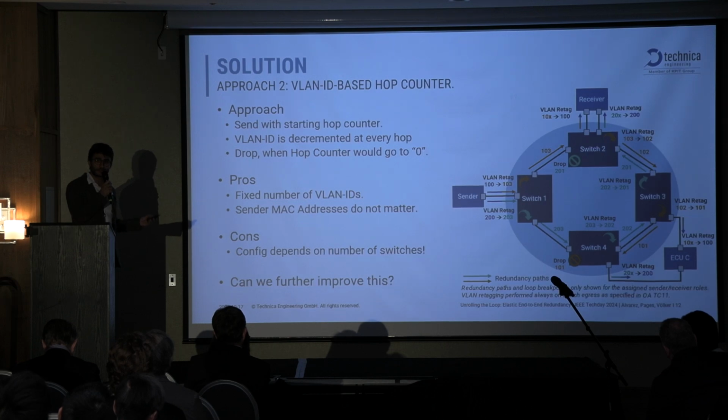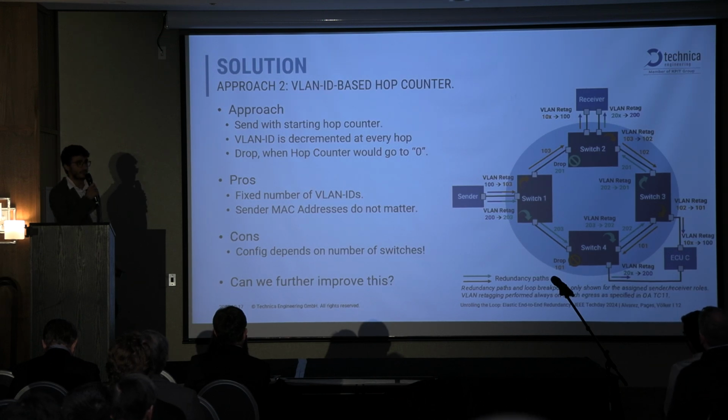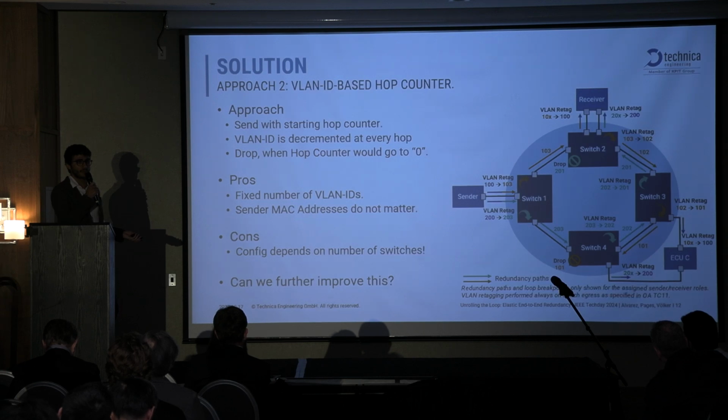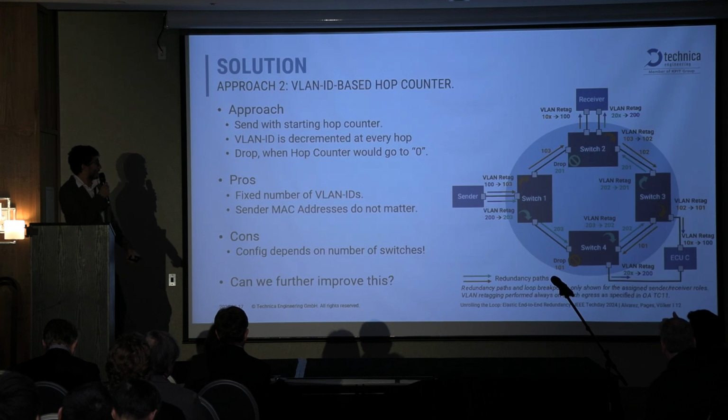These messages will travel through the whole ring, and at each hop, on each switch, there will be a retagging, and this VLAN ID will be decremented, like we would see in a TTL counter mechanism, right? And the idea is to drop the frames when this VLAN ID has reached our, let's say, zero value, our reset value, in order to know that those frames need to be dropped to avoid them keep looping.